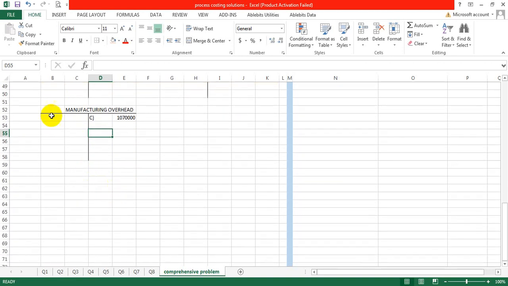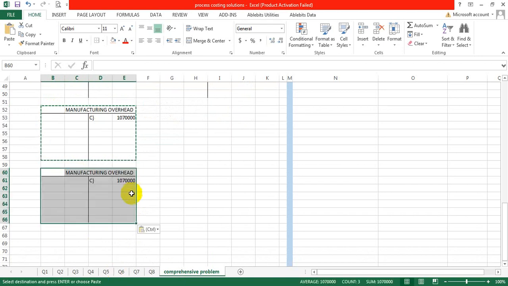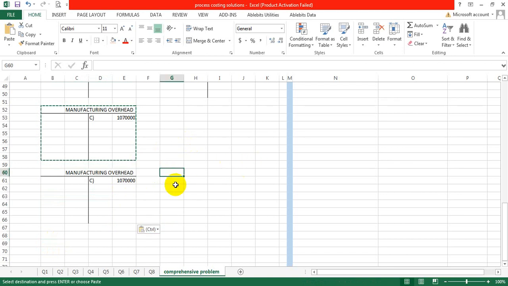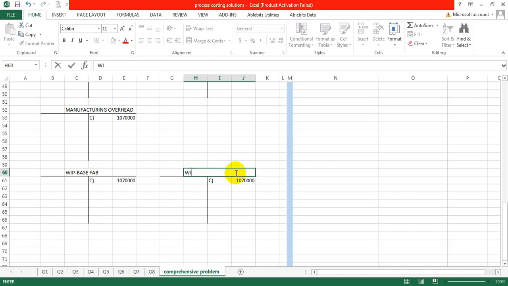Okay, 2 account prepare होंगे. एक होगा WIP बेस फैब, एक होगा WIP, यहाँ बनाती हूँ इसको मैं, यहाँ पे WIP बेस फैब एंड WIP finishing department.